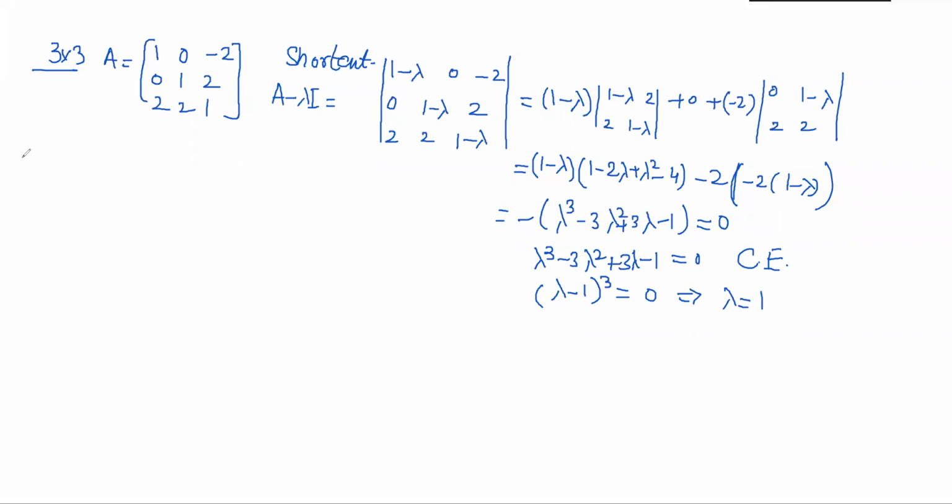For finding the eigenvector, we will use the previous method. We find A minus lambda I as usual.